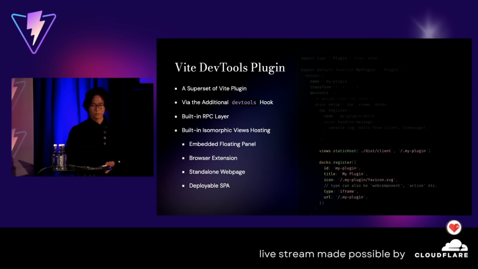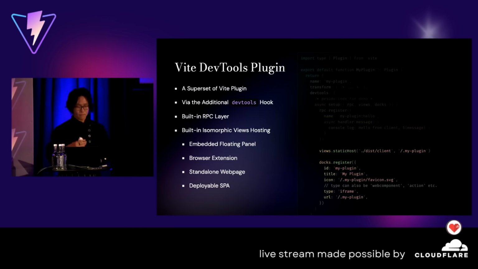We're also going to provide a browser extension, if you prefer the browser version, or maybe a standalone app in a different tab, or it can be deployed as a SPA. You can deploy a snapshot of your current data somewhere and publish it to share with someone, to show, oh, there is something wrong with my build, so you can take a look. I give you all the metadata.